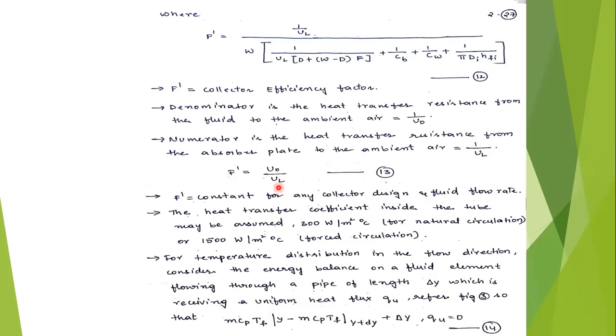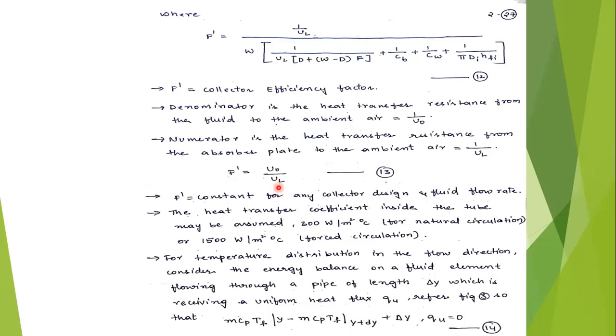The heat transfer coefficient inside the tube is assumed as 300 watts per meter square degrees Celsius. This is for natural circulation if you do not use any force. If you use forced circulation, this value will be 5 times more, 1500 watts per meter square degrees Celsius.